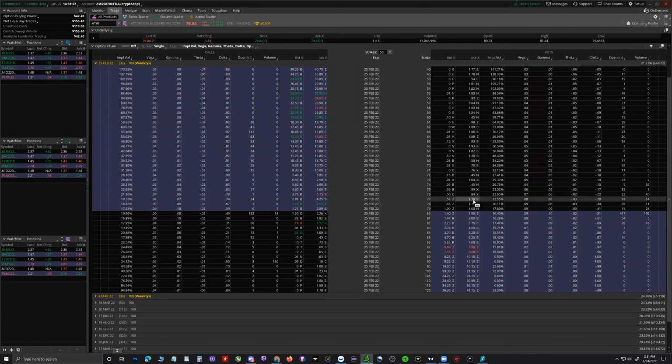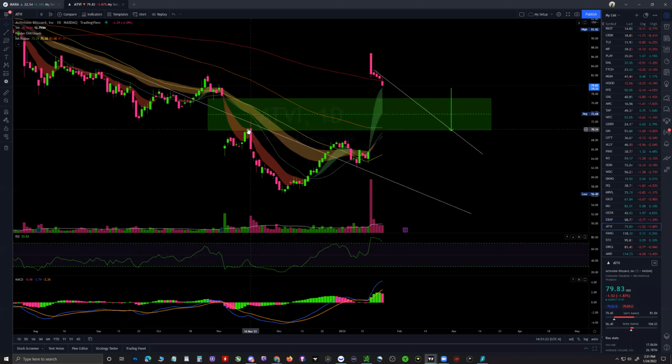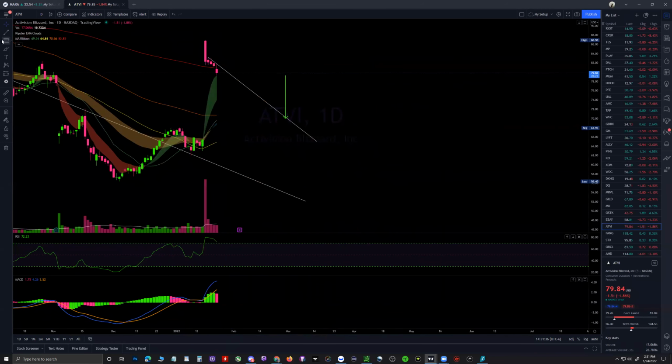It's not a bad price. Delta is kind of low, but the reason that it's so low is because it's such a high gap up here. And this isn't even the right gap. This gap was filled already by this gap up. So we need to redraw this massive gap here.